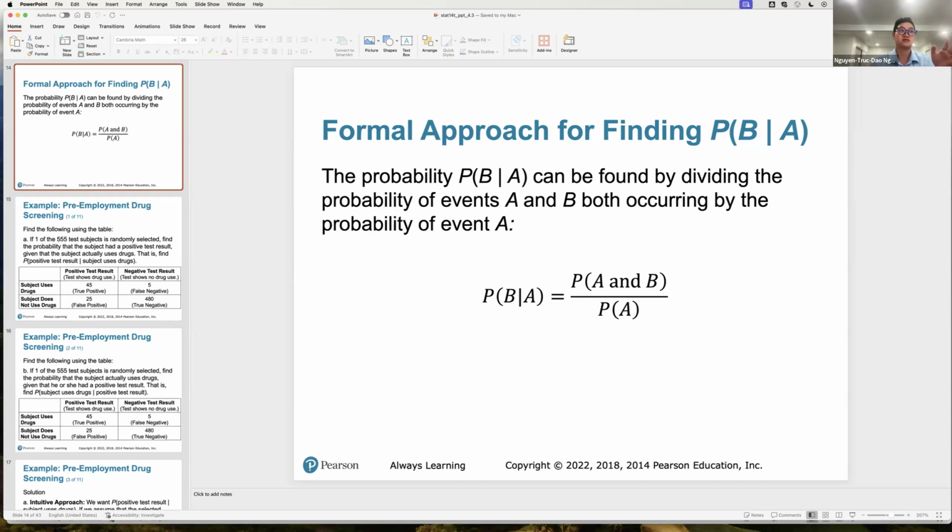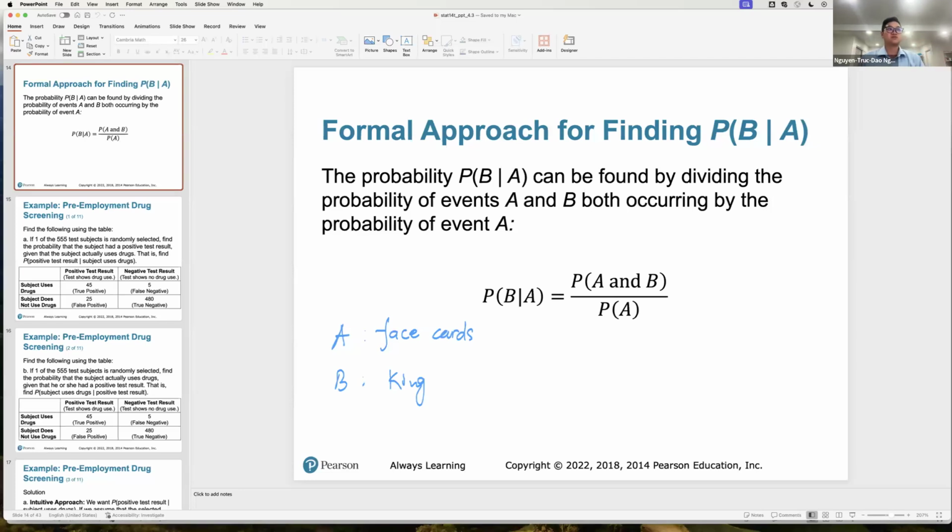And A and B: the card is a king that is also a face card. That means you must have a face card with event B happening, meaning that card is a king. So A, I can write real quick here, is face card. B is king, right?